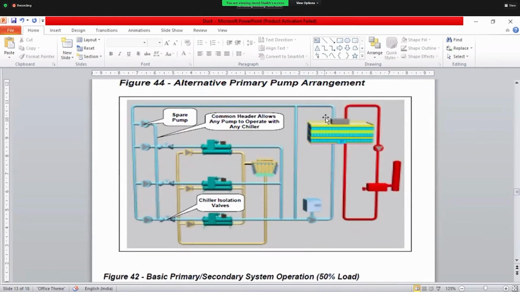The load from the building, after getting the heat from the load through the FCU and AHU, the water goes to the chillers, and then this primary pump pumps the chilled water to the building. So this is a primary pump arrangement.